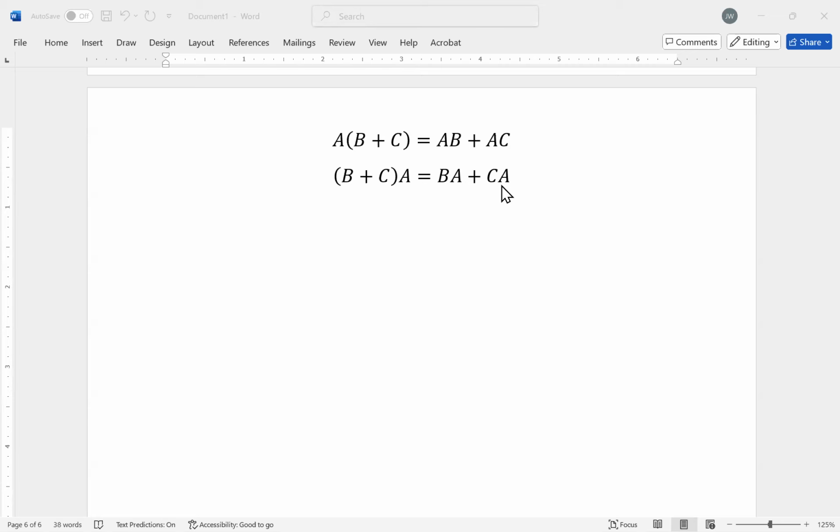So this distributive property that we know from real numbers holds true in matrices as well, as long as I keep the A on the correct side.